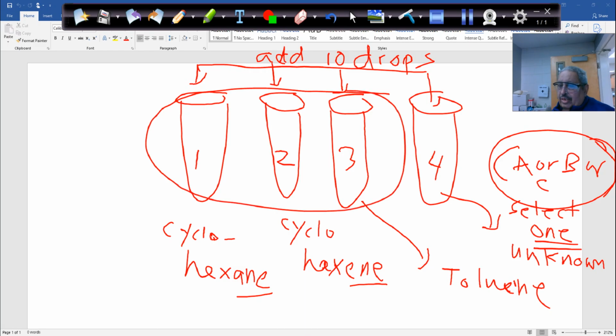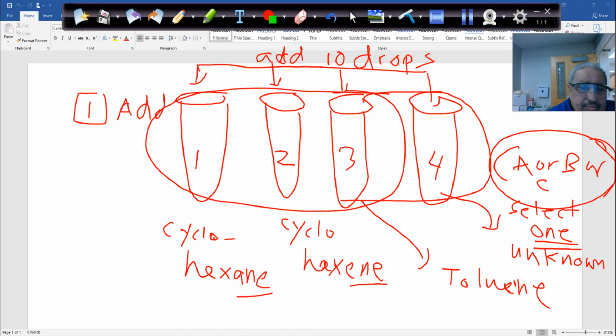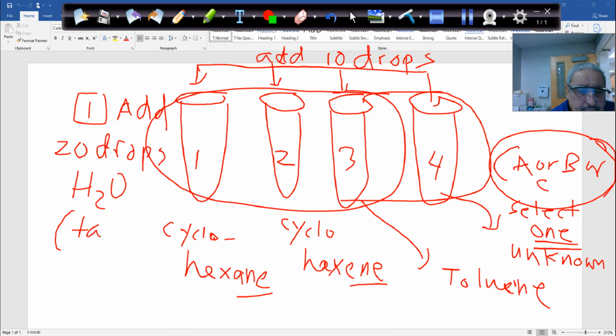Okay, so in those 4 test tubes, the first test is this one here. You will add 20 drops, 1 milliliter of tap water. You'll add what? Tap water to it. So first, the physical one here, add 20 drops H2O, tap.